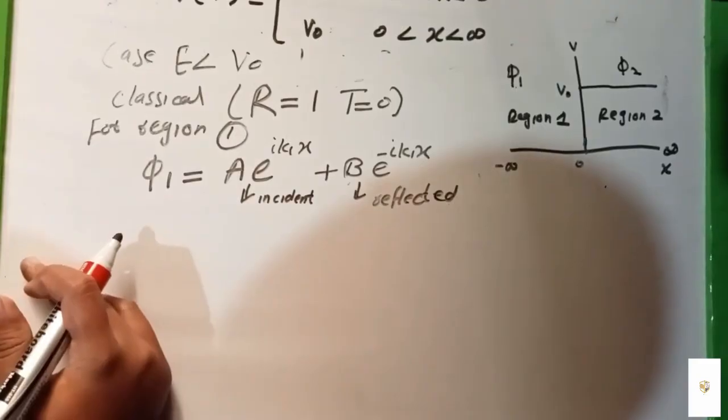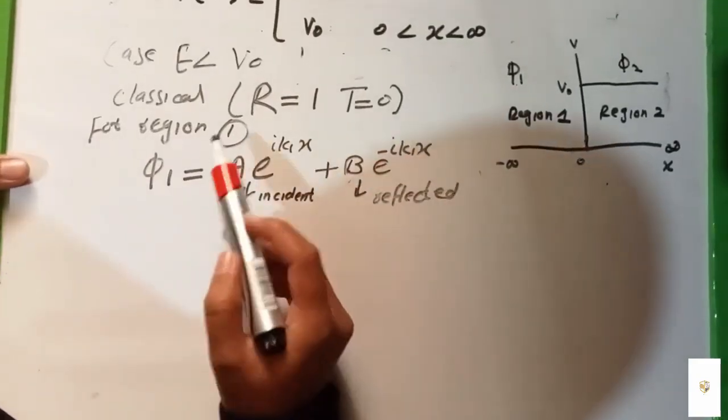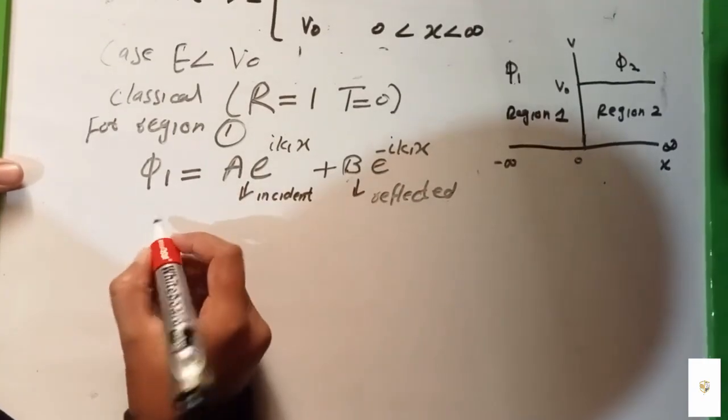But for region 2, the wave function phi 2 changes.